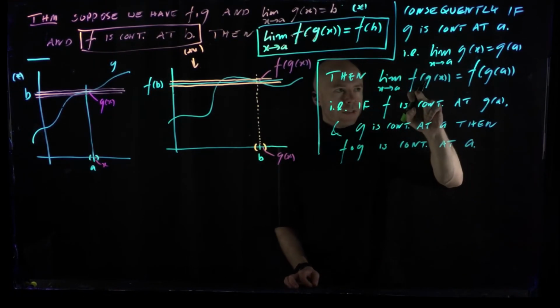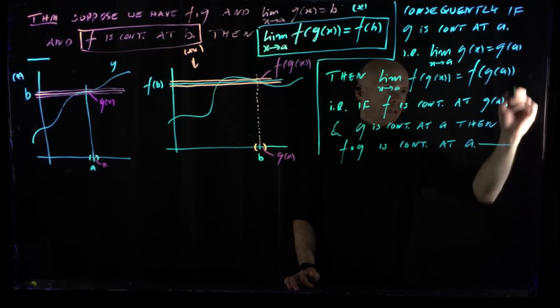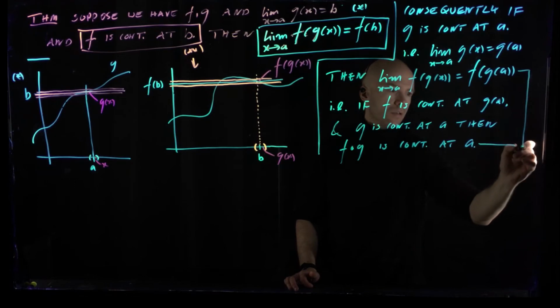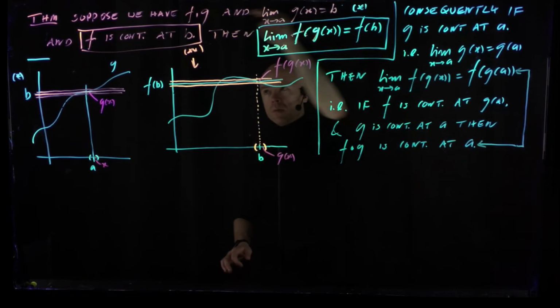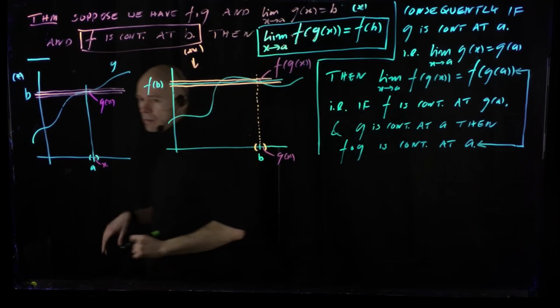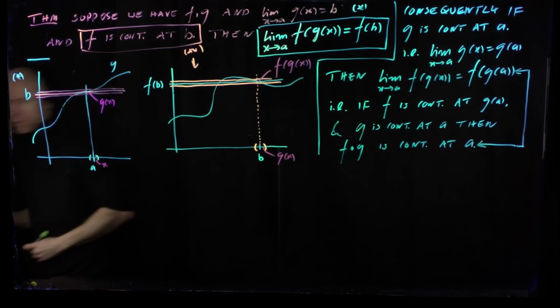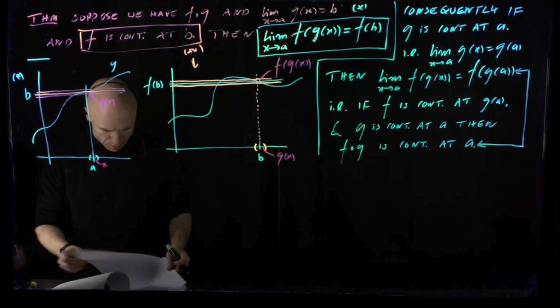Because being continuous at A itself is exactly this statement, right? This statement is the same as this statement, right? And under these hypotheses, we can apply this theorem, and we have this conclusion. Cool. All right, so this allows us to deal with some other examples.